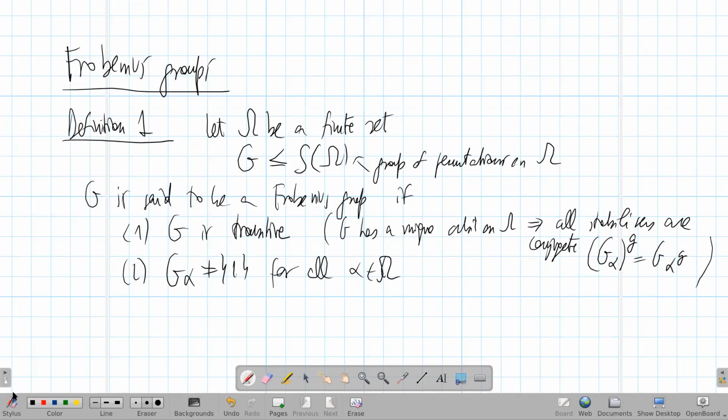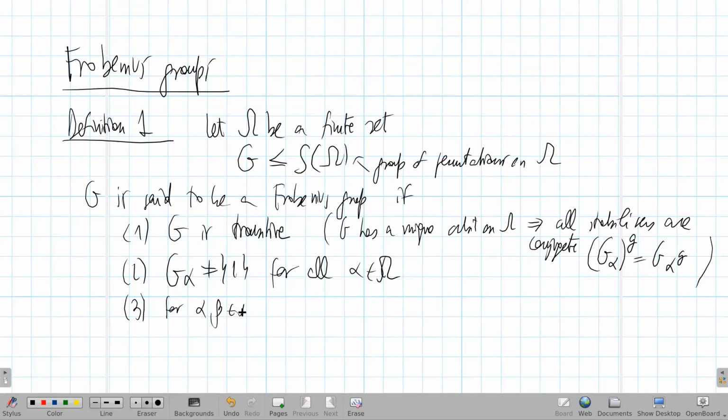And the third property, which is the serious one, says that for alpha and beta in omega, if alpha is different from beta, then, well, it might well be that in an arbitrary group of permutations on a set omega, the stabilizers of two different points are the same.